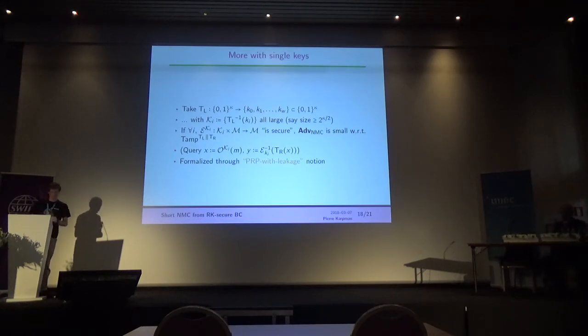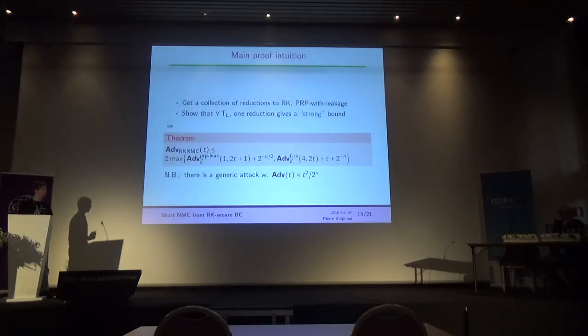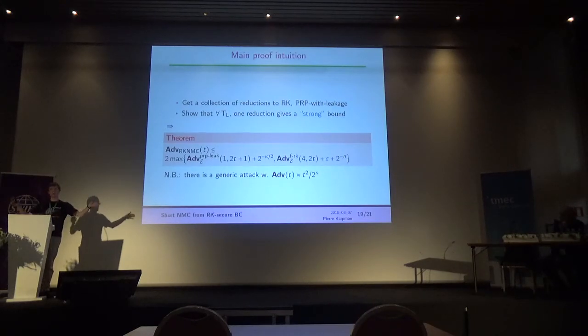So we formalized this in the paper as a PRP with leakage notion, and that, together with the related key security bound, allows us to have this result. So basically we have two bounds that are always valid, and in some settings one of them will be really bad and the other is not so bad.